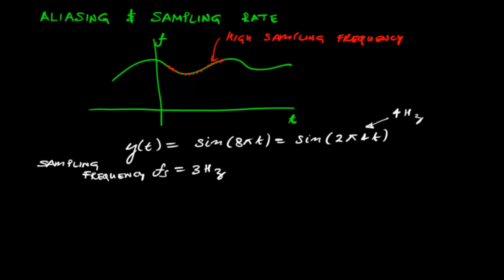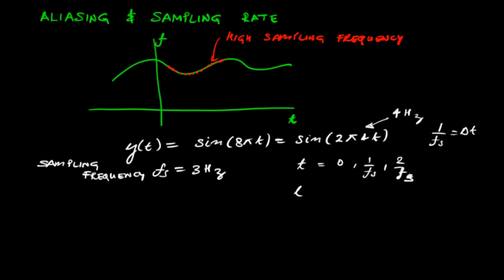If we have a sampling frequency Fs, then we are capturing signals at times 0, 1 over Fs, 2 over Fs, because 1 over Fs is essentially the time interval between two samples.